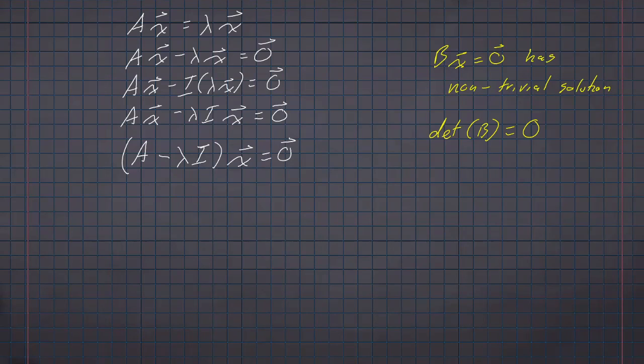Of all the other stuff, the most useful one for us here is the one about the determinant. Determinant of B is equal to 0.